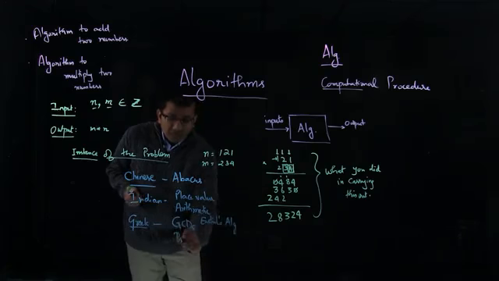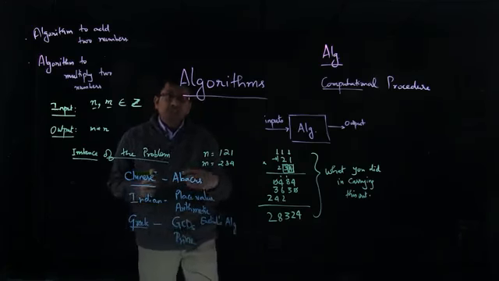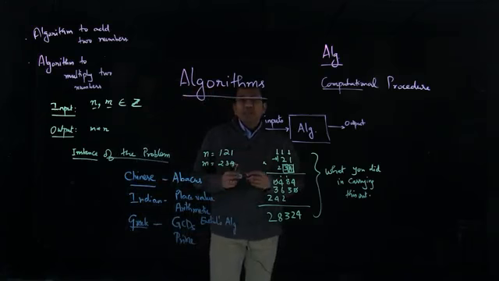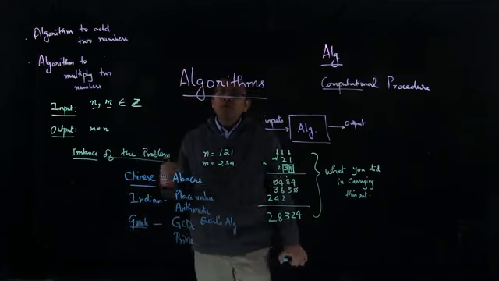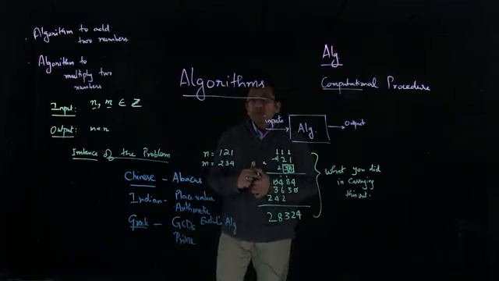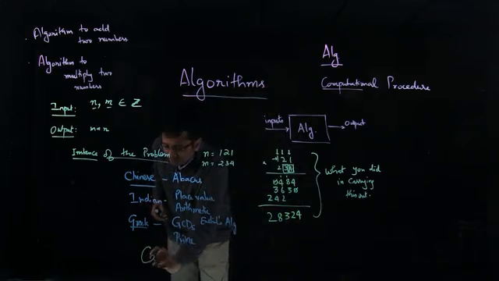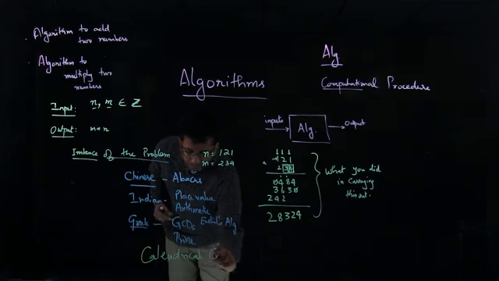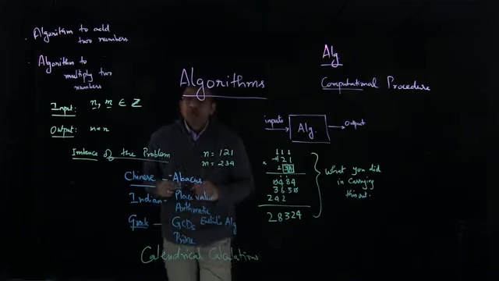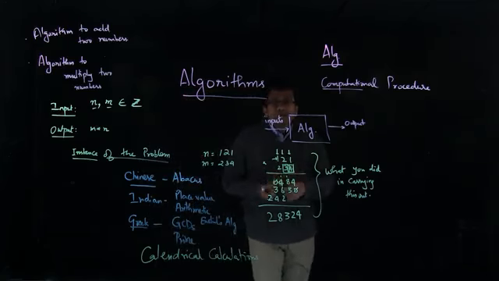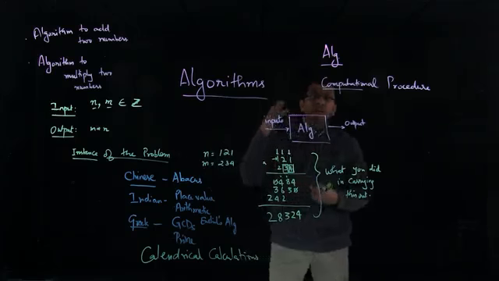Finding if a number is prime, Eratosthenes' sieve. So there were plenty of algorithms from the ancient world, all right? And there were people doing calendrical calculations. Okay, so algorithms have been around for a long time.